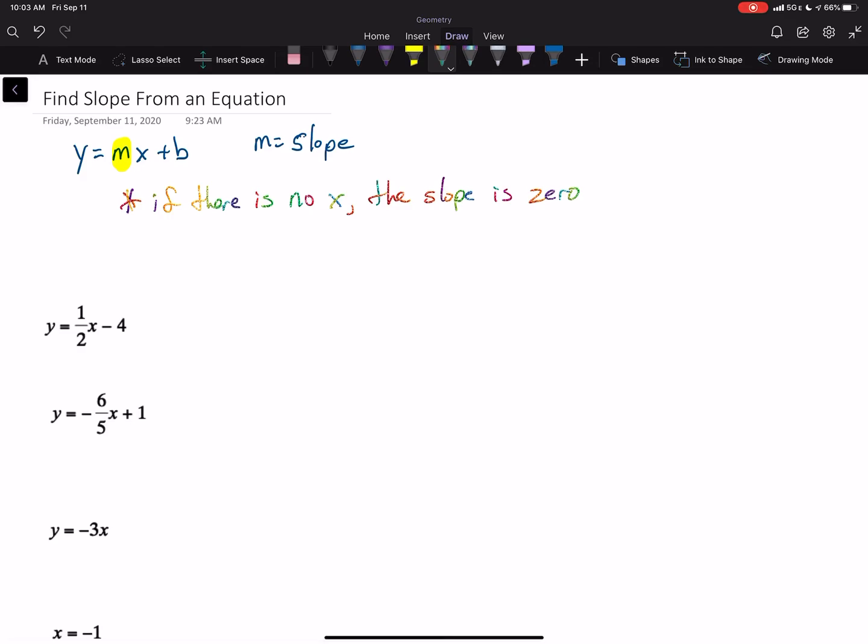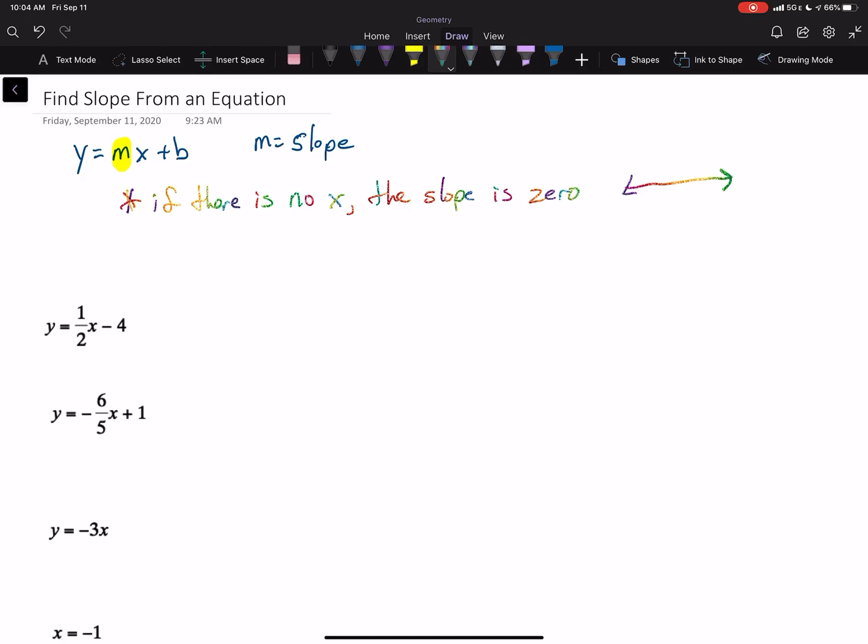That means it's a horizontal line, because if it has no x-intercept, it's parallel to the x-axis, meaning it never crosses it, and therefore it is a horizontal line and has a slope of 0.